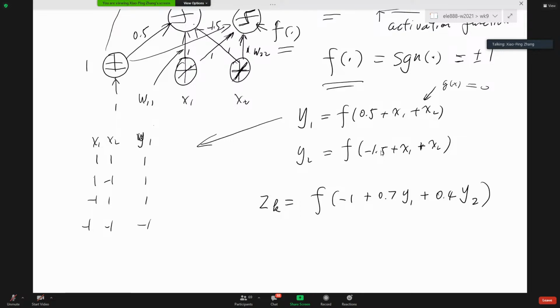On the other hand, for y2, if both of them are positive, then 2 minus 1.5 is positive, so that's why. But if one of them is negative, this is 0, so you get minus 1. If both of them are negative, of course you get minus 1. So y1 is effectively an OR gate, and y2 is effectively an AND gate.